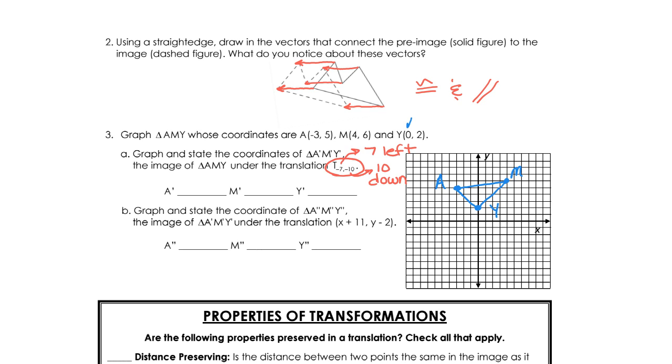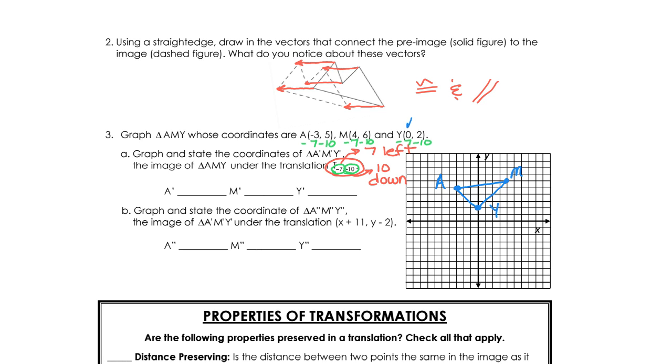Or what I like to do, and I feel like you guys make a few less mistakes if you do this as well, just take that -7 and put it underneath every single x coordinate. Okay, take that -10 and put it underneath every single y coordinate. And then we're going to do some math.